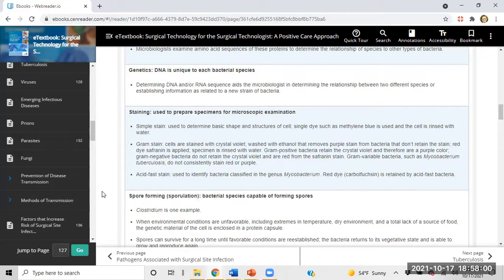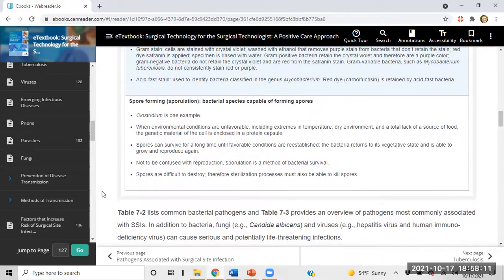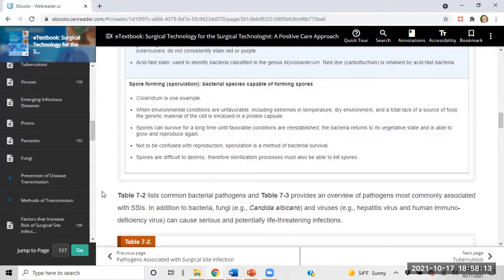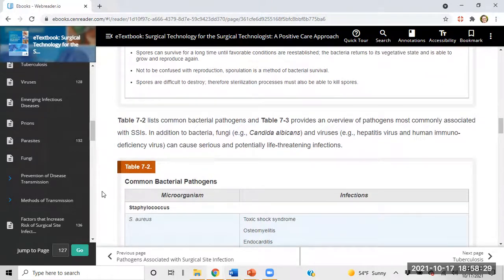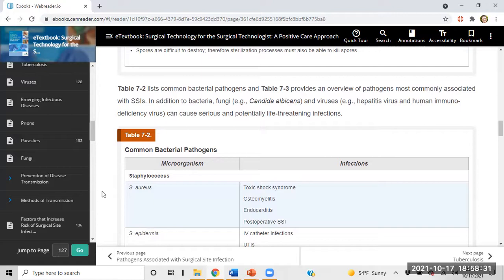So in this, a different red dye, carbofuchsin, is used on those acid fast. And then we have spore forming bacteria. Clostridium is one example of that, and Clostridium is one of the pathogens that's caused from a lot of antibiotic use. So those are some of the most common, or that's how they're determining.